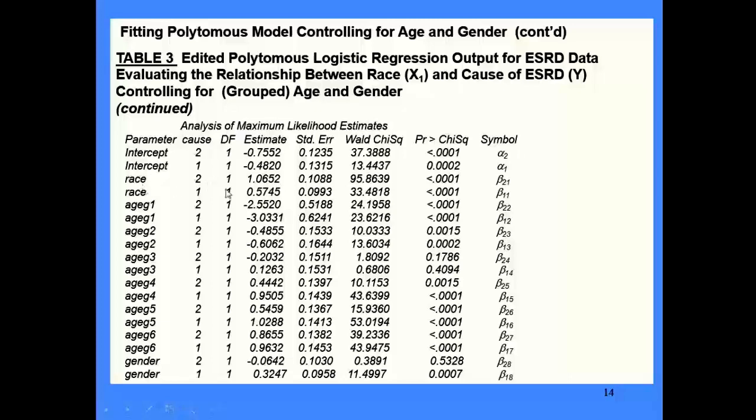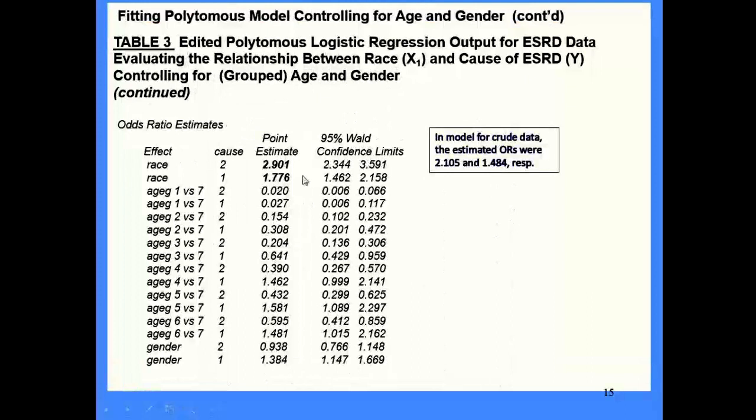And if you exponentiate 0.5745, then you get 1.776. So those are the 2 odds ratios you get when you control for age and gender. When we ignored age and gender, we got 2.105 and 1.484.